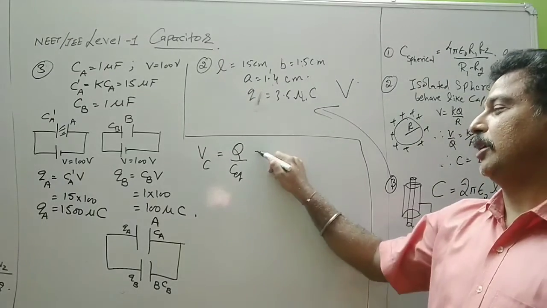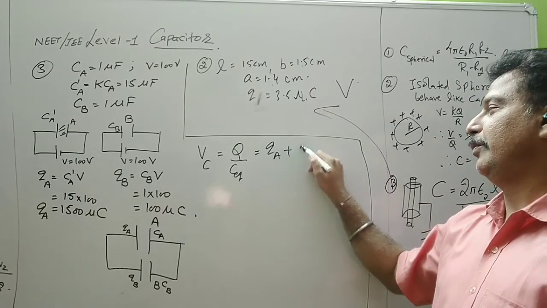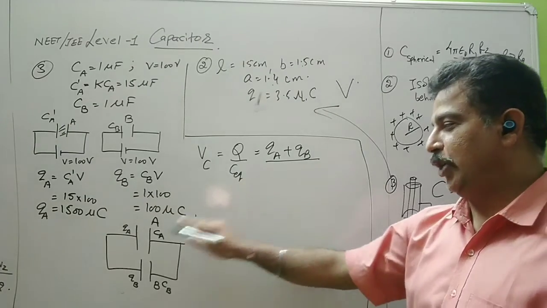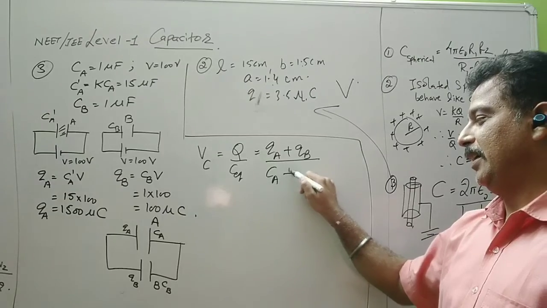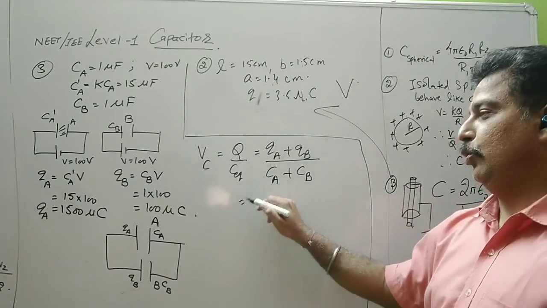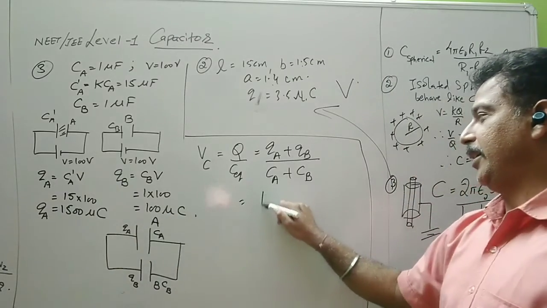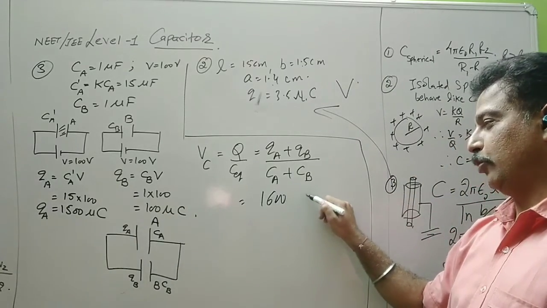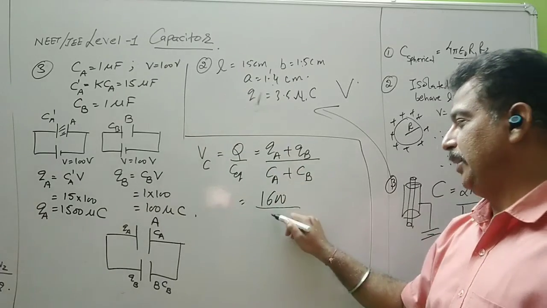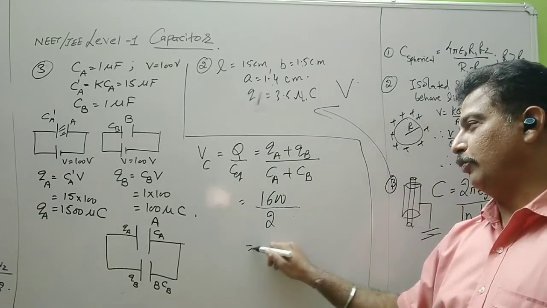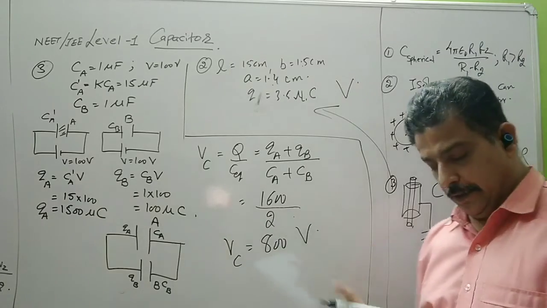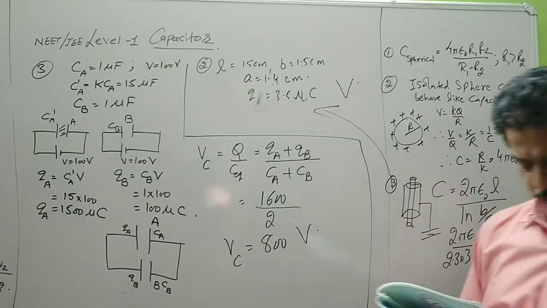Now what is the total charge? That is QA plus QB upon what is the C equivalent? So it should be CA plus CB. So this is equal to 1500 plus 100, that is 1600 microcoulomb, divided by 1 plus 1, that is 2 microfarad. Micro is cancelled. So VC is equal to 800 volt.